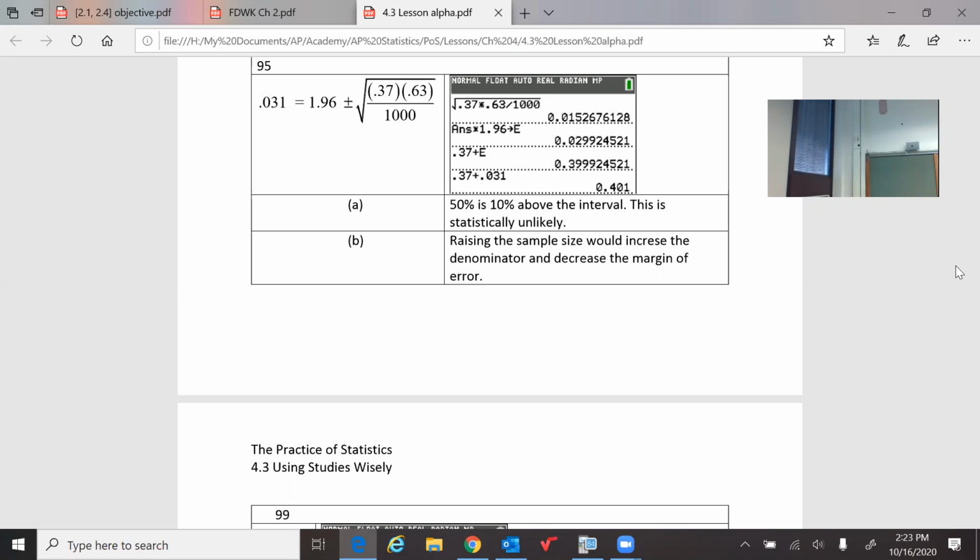But look what happens in this algorithm. In order to decrease the margin of error, make the sample size high. How does that work? What's in the denominator? If the denominator gets larger, the fraction gets smaller. And if you look over here at the beads, we went from a sample size of 20 to a sample size of 100.